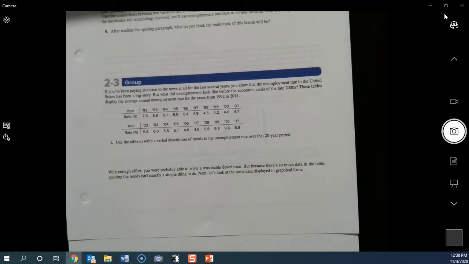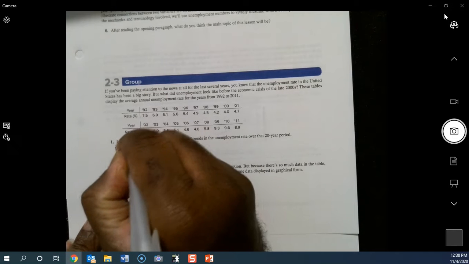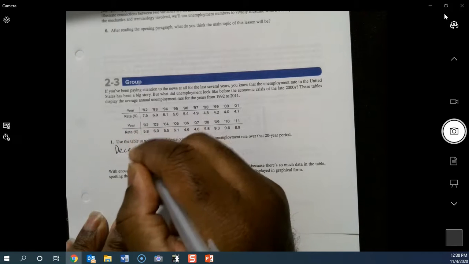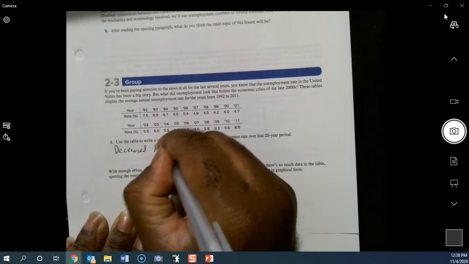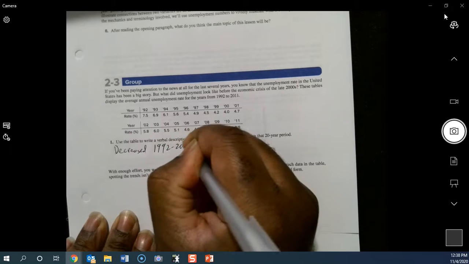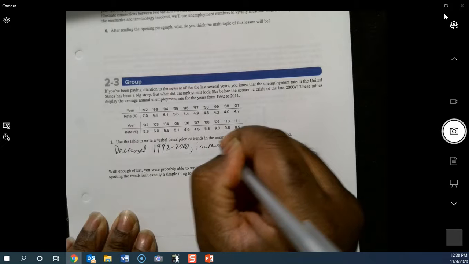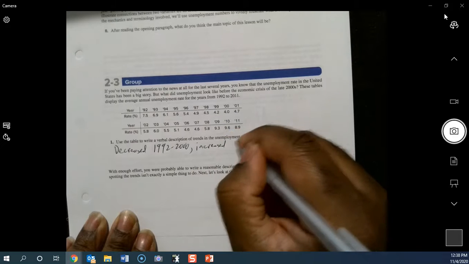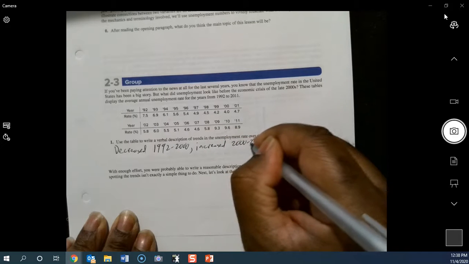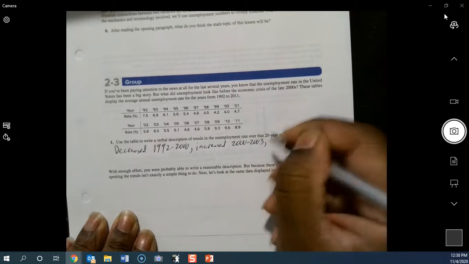Number 1, it says use the table to write a verbal description of trends in the unemployment rate over that 20-year period. So basically, if you notice here, it decreased from 1992 to 2000. It increased from 2000 to 2003.